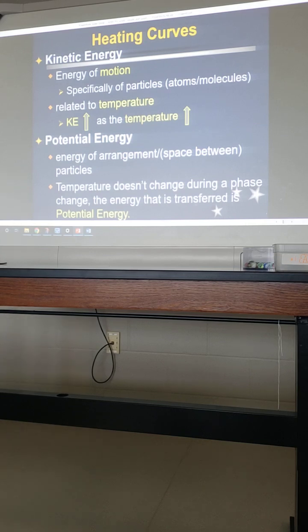And so the way that you know that a phase or a potential energy is changing is the temperature does not change. And this is taking place during a phase change. So when you have that solid cube of ice and it is starting to melt, the temperature is staying constant even though you're cranking up the heat.